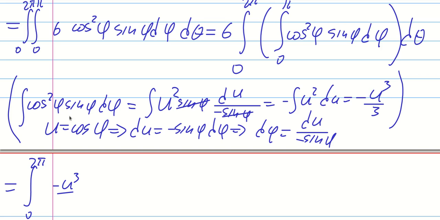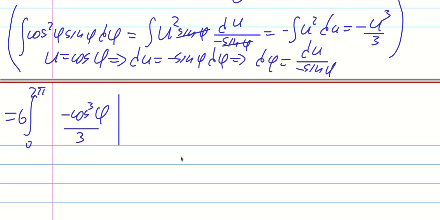Oh, u was cosine of phi, so negative cosine cubed of phi over 3 evaluated from 0 to pi d theta.